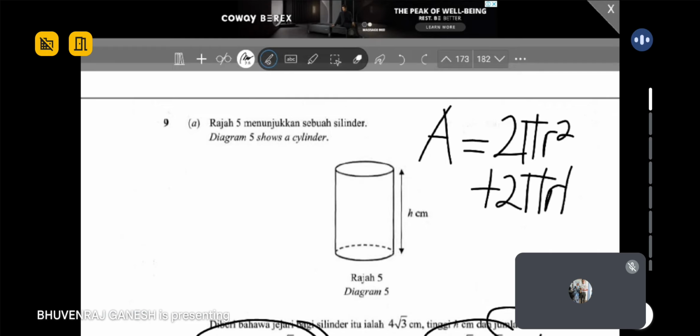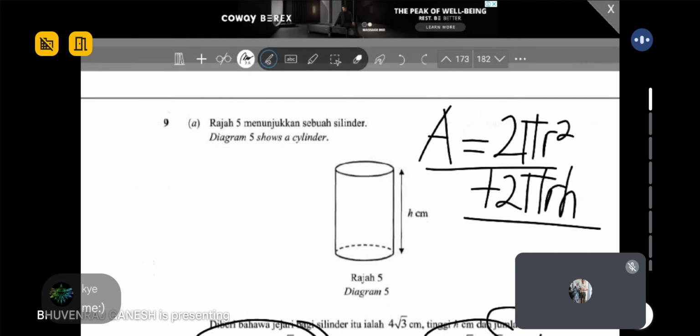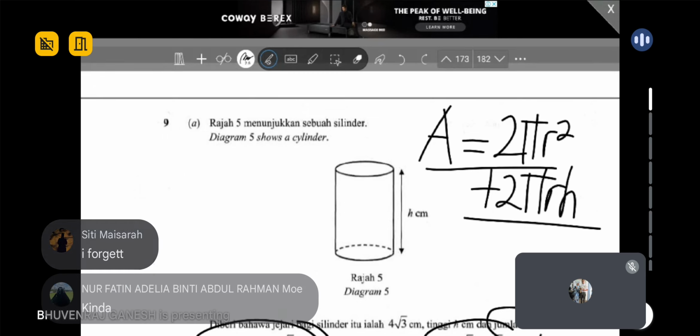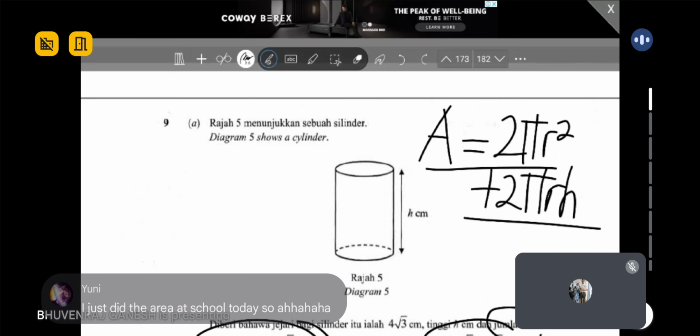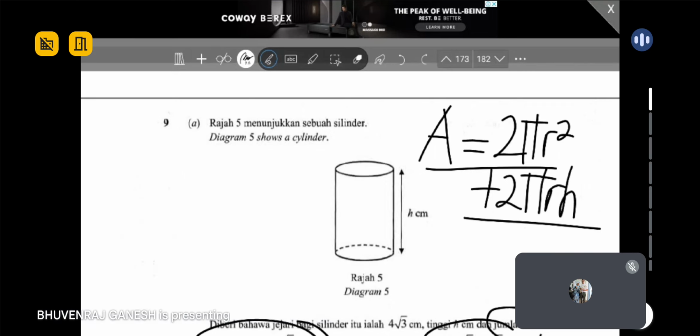Okay, anyone forget this formula? Boleh komen kat ruangan komen. Siapa dah lupa rumus luas permukaan silinder? Who forget already your surface area formulas for cylinder? This one you need to go back to modern maths, guys. Add maths tak ajar yang ni tau. Okay, modern maths ajar. So you need to remember your modern maths formula. I just did the area at school today.